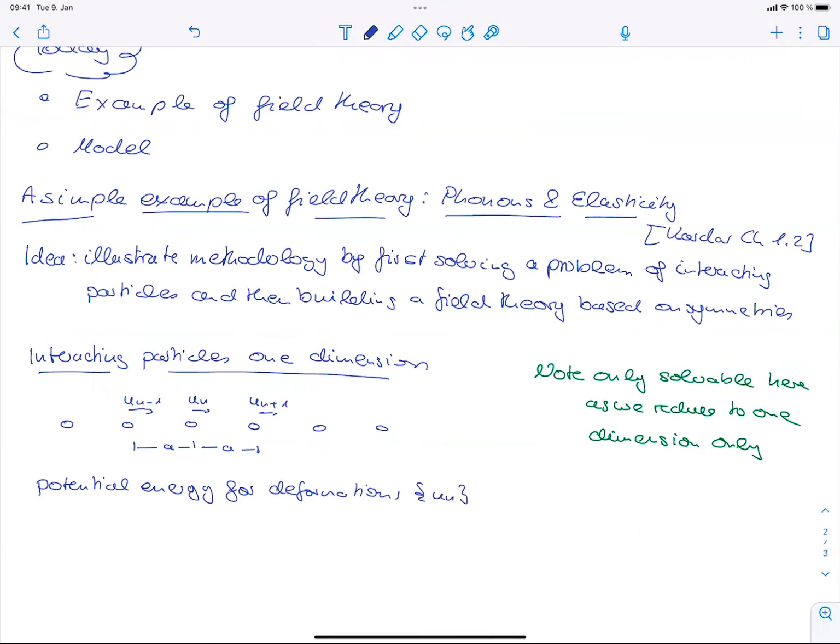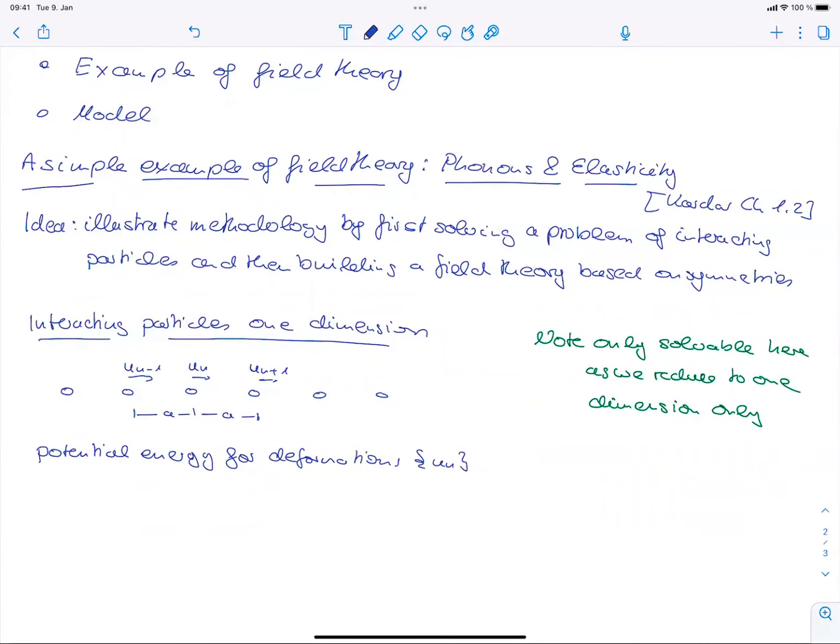As a base potential, this would be like a Hookean potential that is constant, and so we don't care about it.